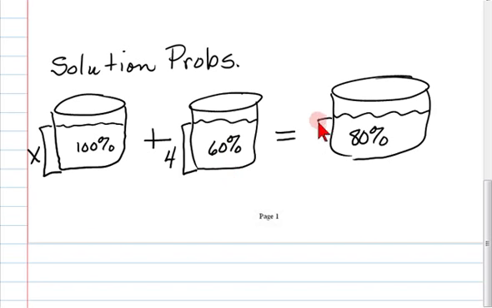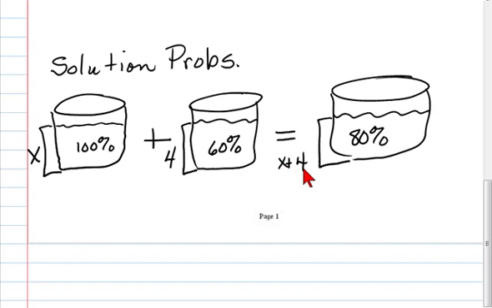Now, the question over here is, how much of this mixture are you going to end up with? We're not going to have a number to write down there. But if I take x gallons from the first beaker and I add it to 4 gallons from the second beaker, I can write an expression. Can I call this quantity x plus 4? Okay. So, does anybody have a question about what I've drawn?